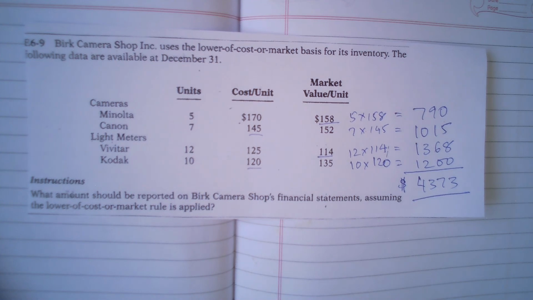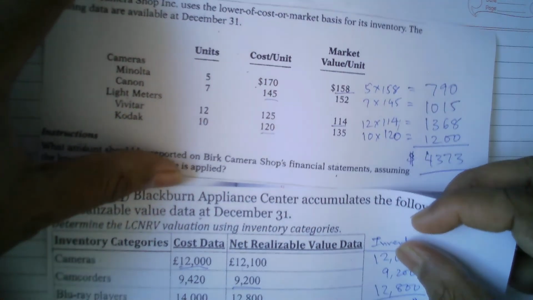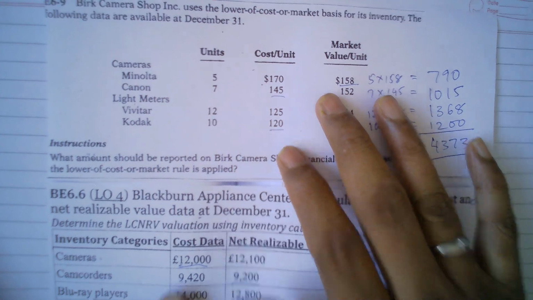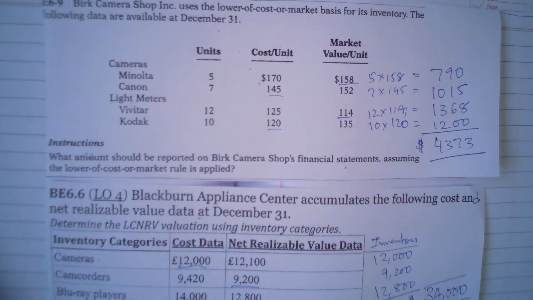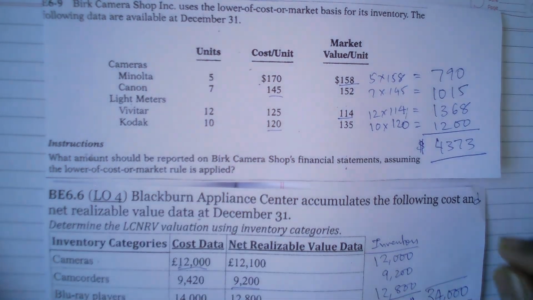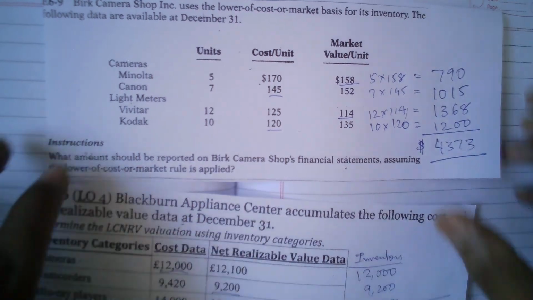We have seen this is one way to do the inventory valuation. Two problems I will show on the screen, which you can refer to. I can choose more problems on this, but you can search online for example problems for the LCM method, or lower of cost or market value method.